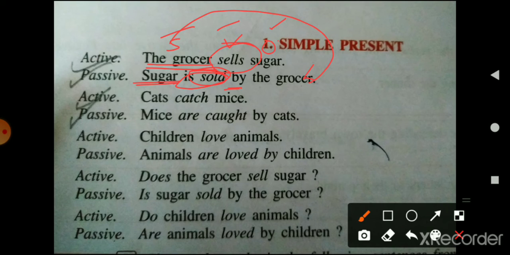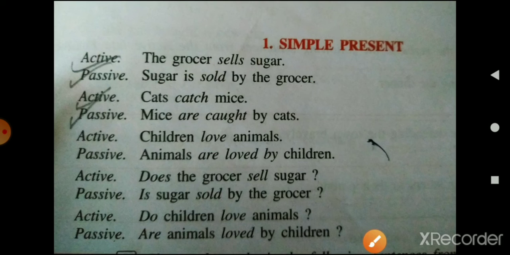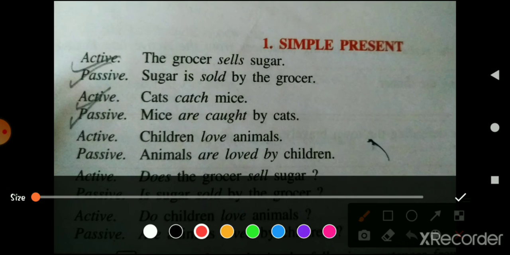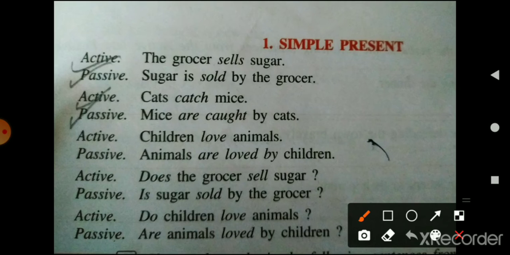So I hope this is much clearer to you, but let's take another example to make it even clearer. Now let's see the second one. The second one is: cat catches mice.